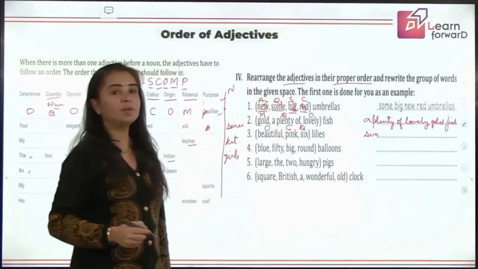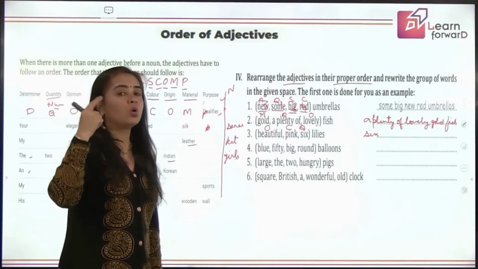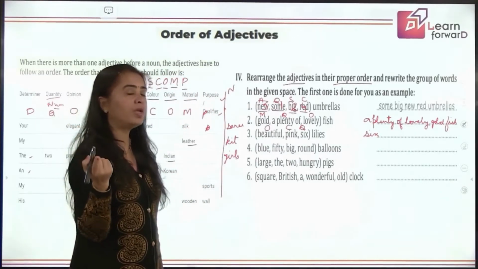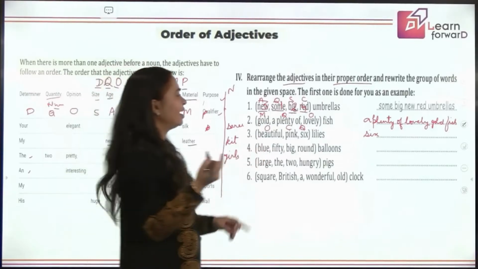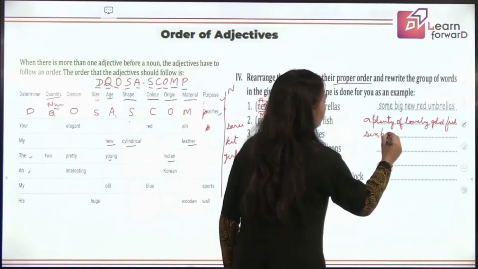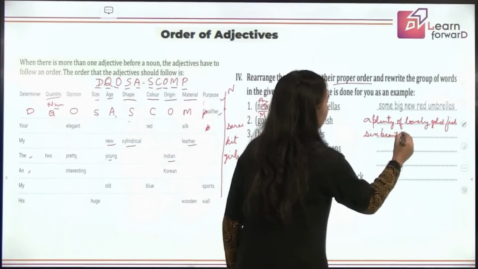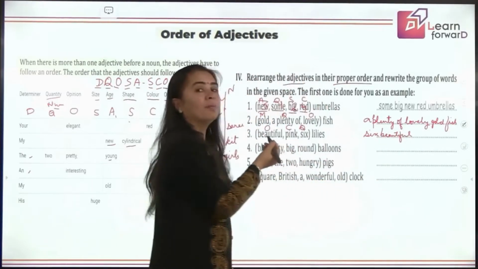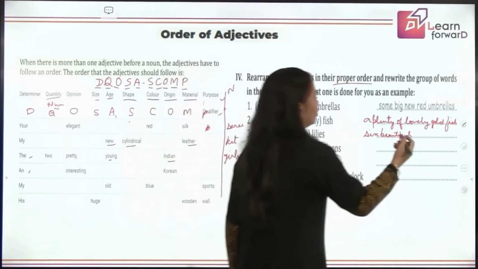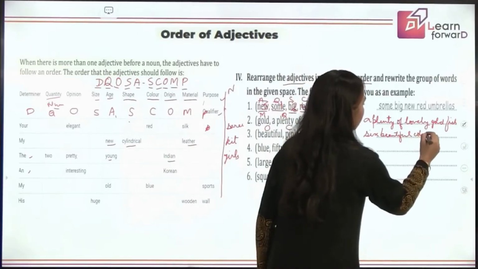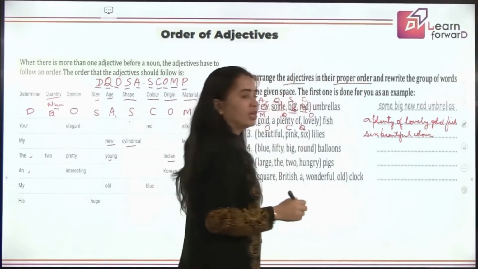Now next will be O. So O says opinion. That's here. Yes. 6 beautiful. Pink. Color will come after opinion. This is the last one here, so we need not go for other checkings.